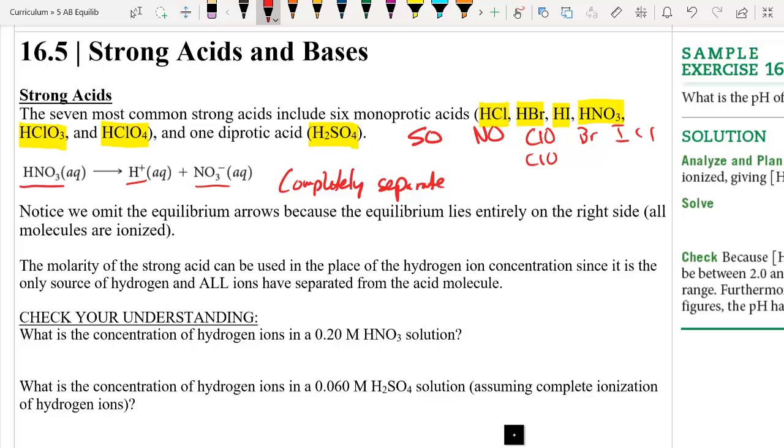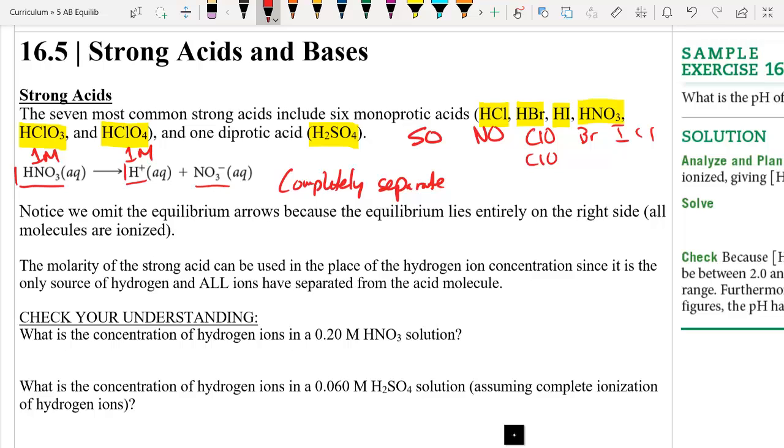The molarity of any of these acids, so let's say you have a 1 molar acid, well, that tells you if it was 1 molar initially here, there's a 1-to-1 ratio of the hydrogen ion to the molecular acid. So in a 1-to-1 ratio, that means starting with a 1 molar nitric acid solution, it would separate to make 1 molar hydrogen ion.